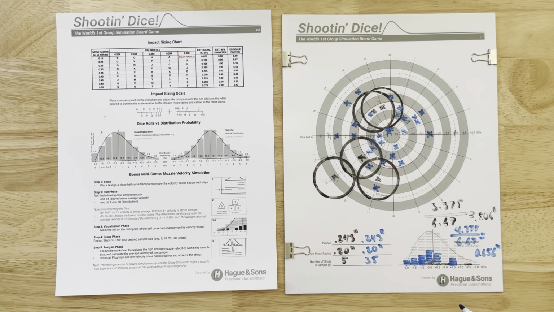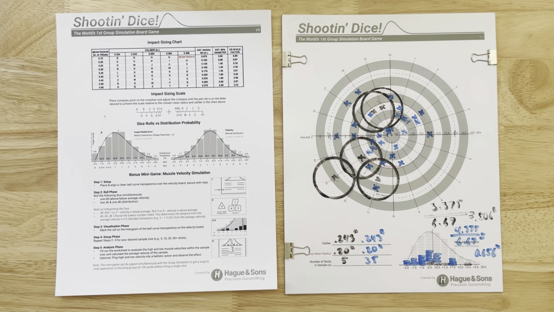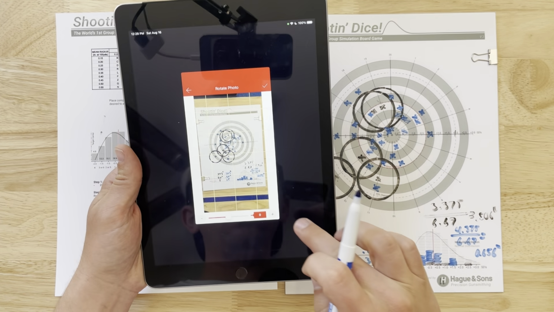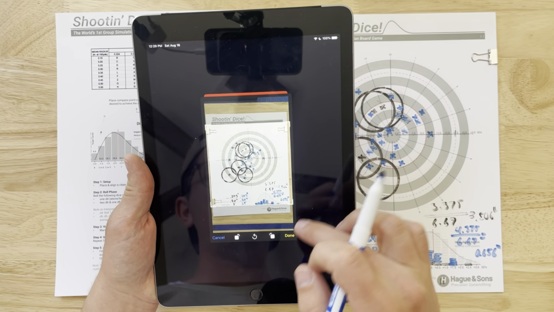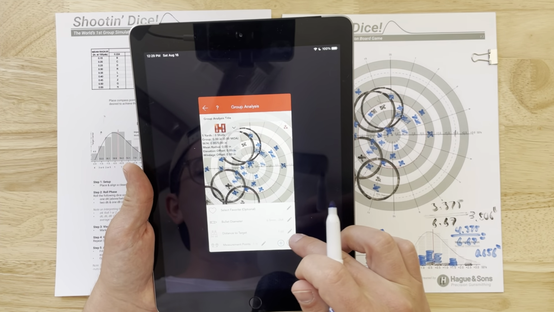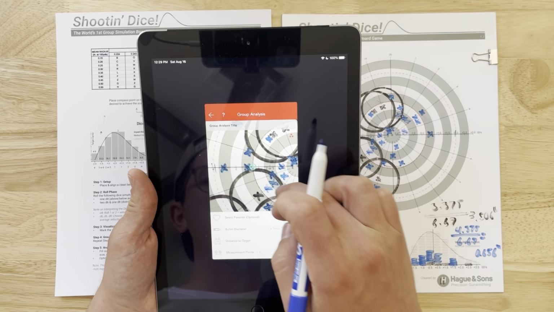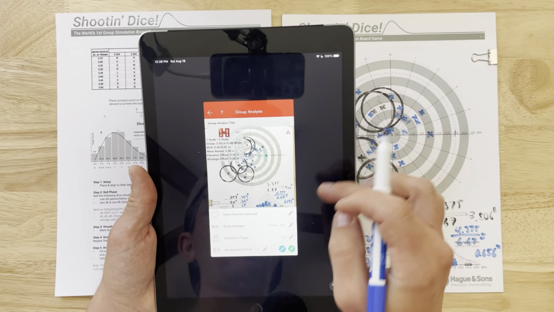But this group will now produce a sample mean radius that's a lot closer to our true mean radius that we selected here. So what we can do is take a photo, and for our measurement point, we can use the mean radius, the red ring on our target.